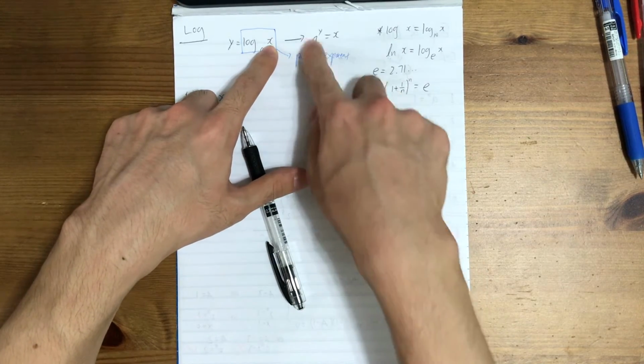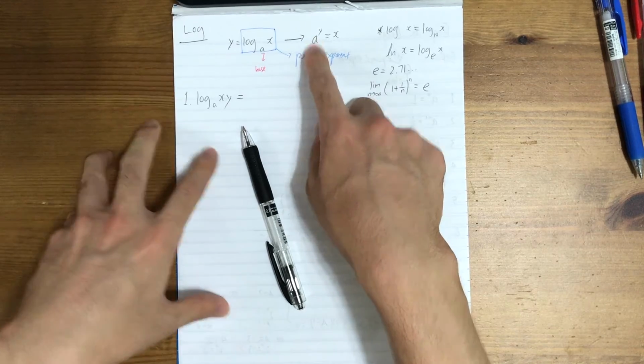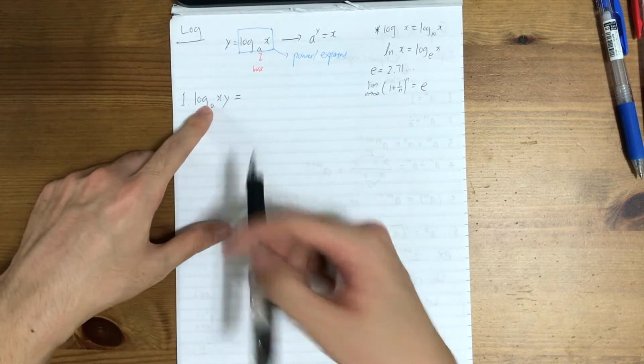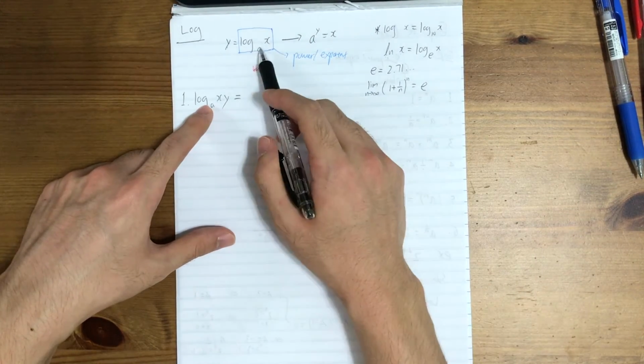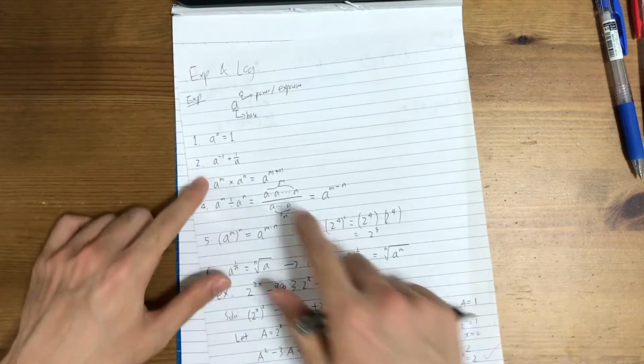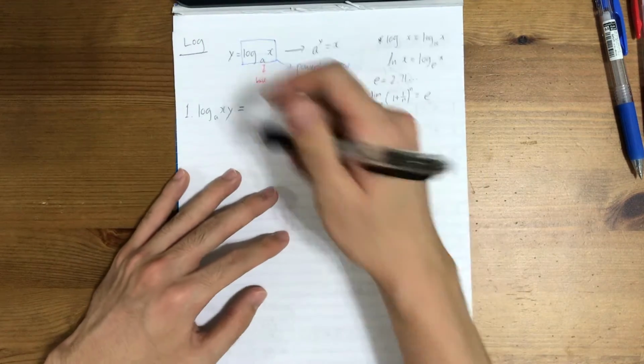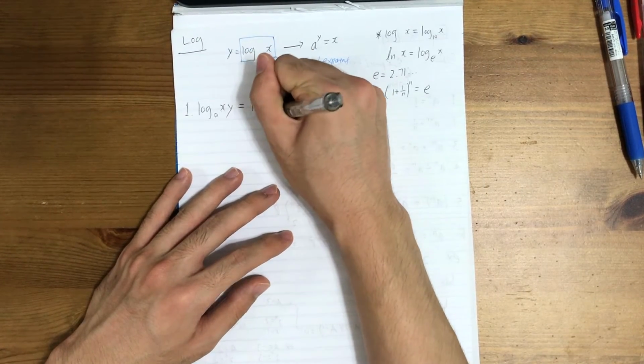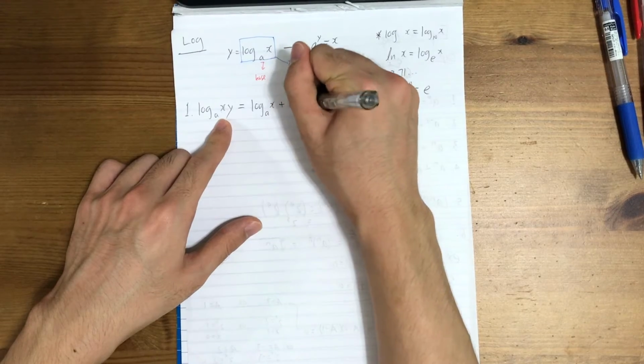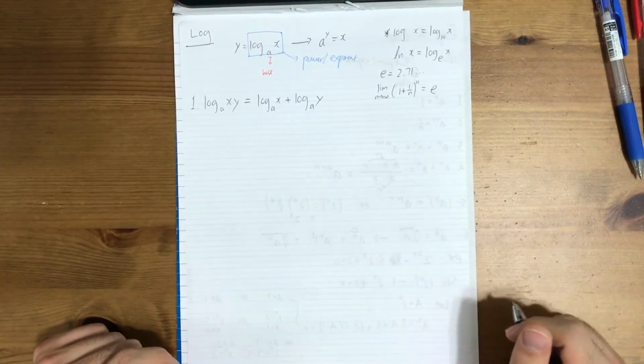This x is an exponential value, and they're being multiplied together. Then what happens to the power? Remember, two exponential values being multiplied together, we add the powers, right? So what we can do is add the power of x and the power of y, okay?